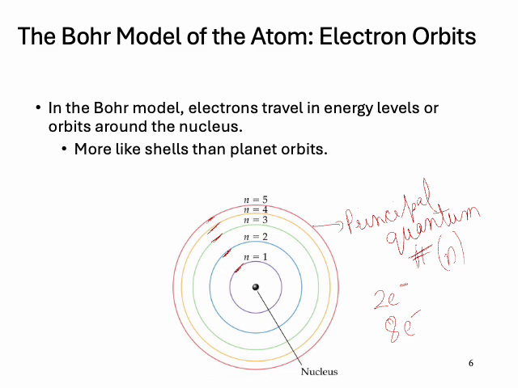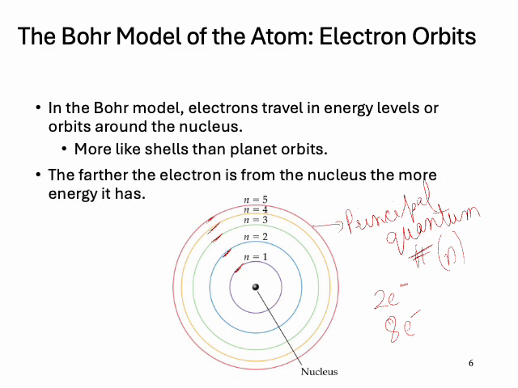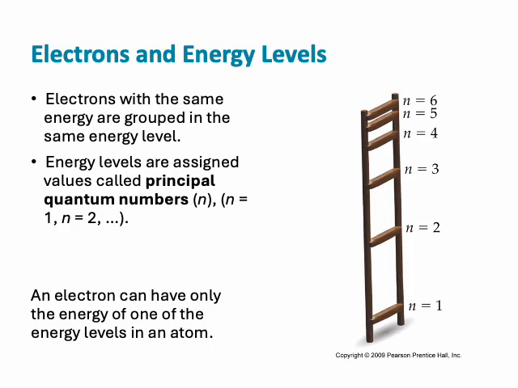So let's see, to give you another example of what exactly quantized means, let's say a person is climbing a ladder. Where can we find the person's feet? They would either be on step number 1, which is n equals 1, or step number 2.